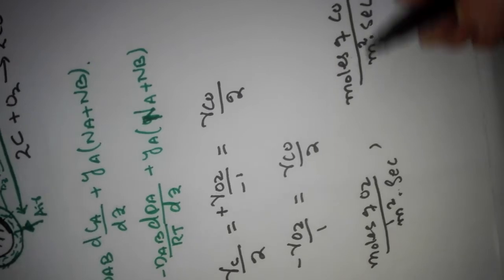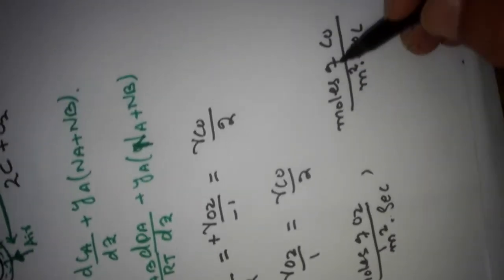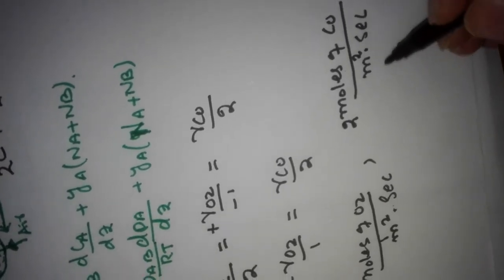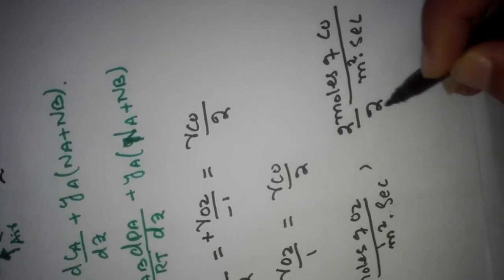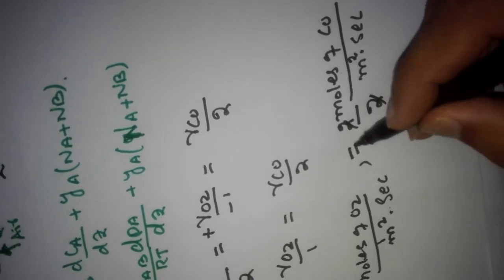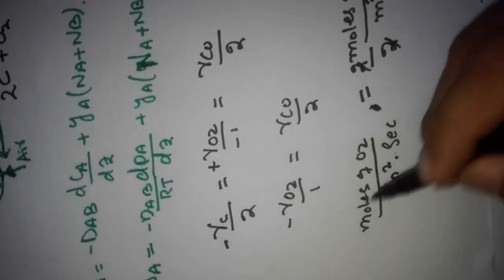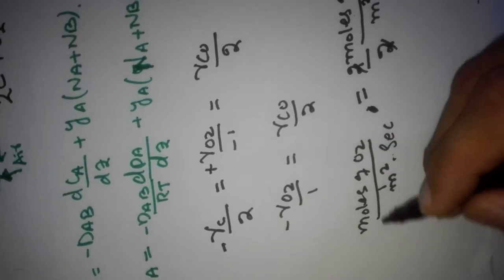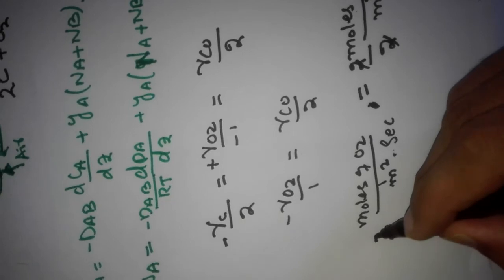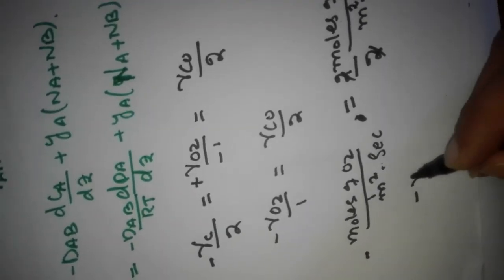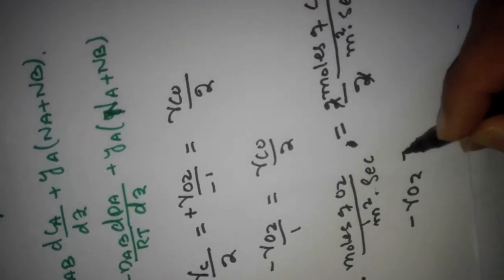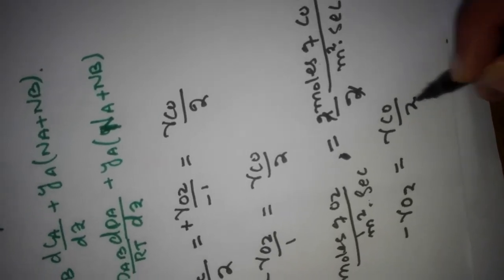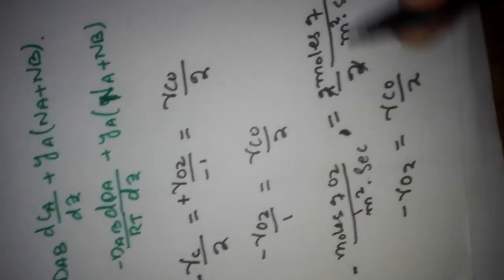Now there is 1 mole of oxygen coming to the surface, but 2 moles of CO leaving the surface. So if you divide this by 2, then these two terms become equal, and this is nothing but the rate of disappearance of oxygen, and oxygen is disappearing, so we put a minus sign. So minus rate of disappearance of oxygen is equal to rate of production of carbon monoxide divided by 2, which is nothing but this relation.